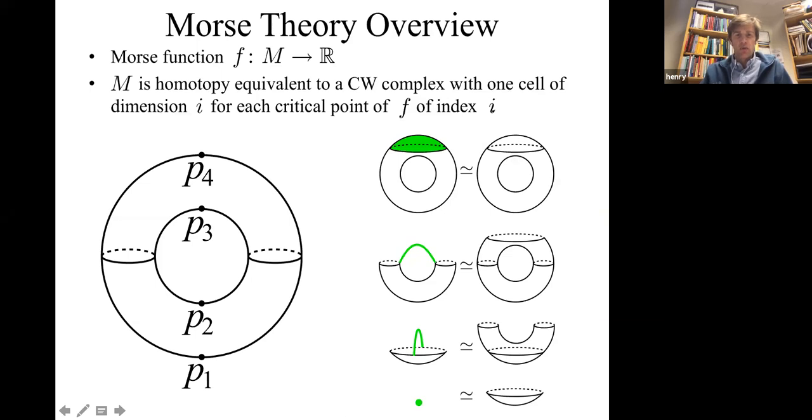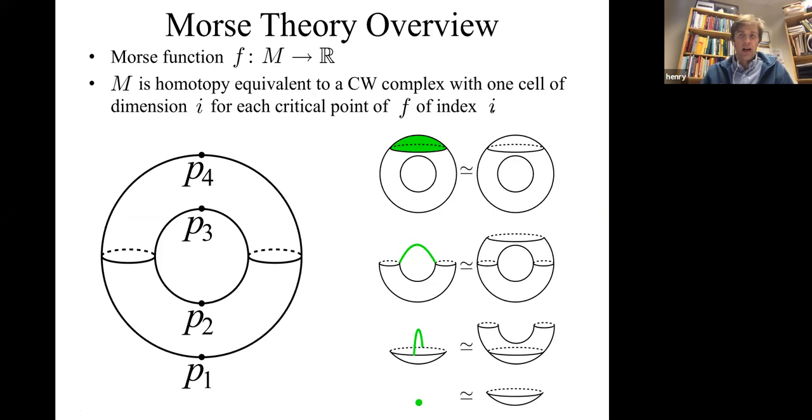So the main idea of Morse theory is you have some space. Before it was a square. Here in this picture, our space is a torus. And that space is equipped with a real valued function. So before it was that wavy surface over the square. Here the real valued function we'll just use as the height function on the torus.